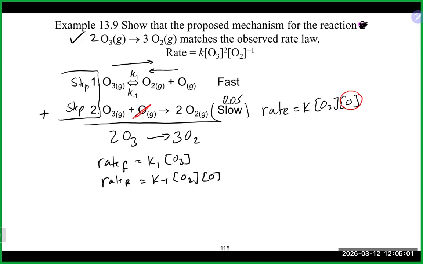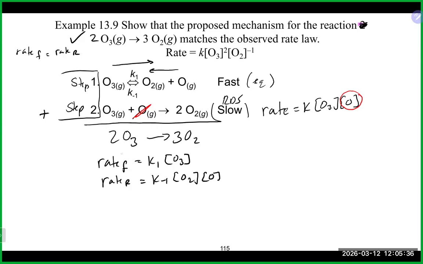Yes, I'll show you that in just a second. Because this is a reversible reaction, sometimes you'll even see them write fast and equilibrium next to it. That means the rates of the forward and reverse direction are going to equal each other.